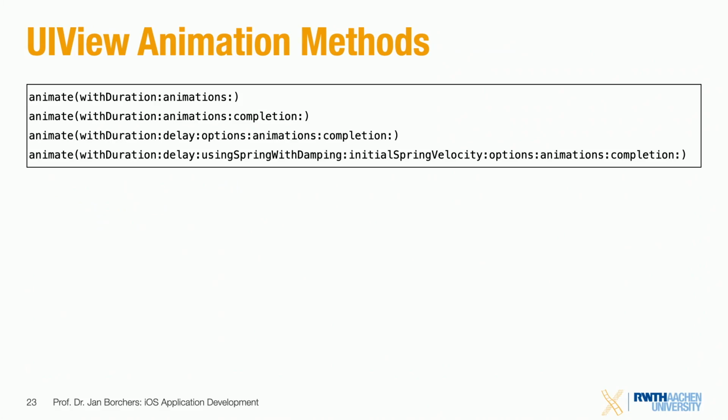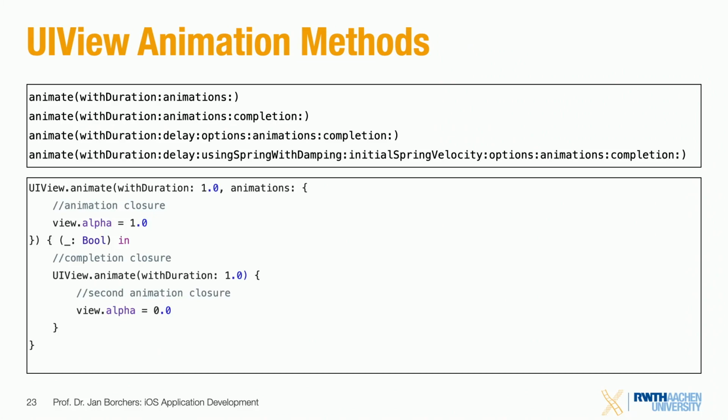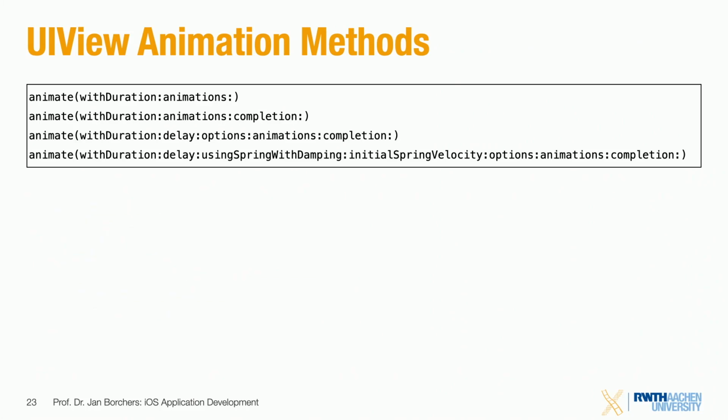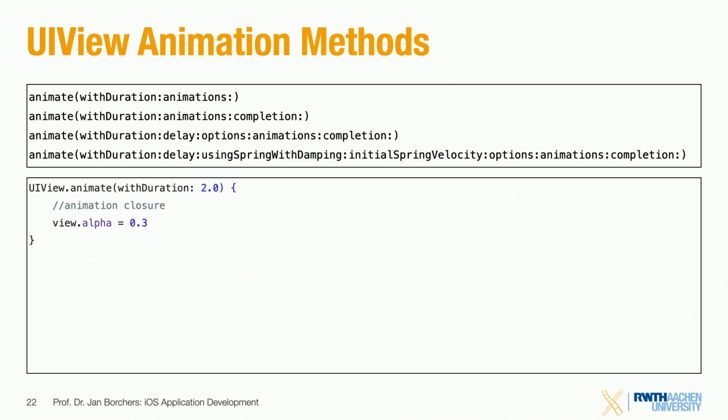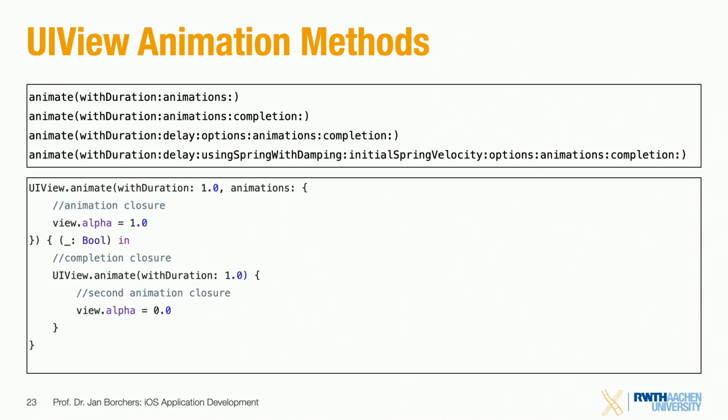Here's another example, if we wanted to get a little bit fancier, right? This was the first one, just using with duration, and then I provided the animations. And you noticed that in this first example, I could actually leave out the word animations here, because it's trailing closure syntax, so I can drop the parameter name, right? If I do a little bit more of a complex one, I can use with duration, animations, and completion. And for completion, I'm going to use trailing closure syntax, so I can drop that name.